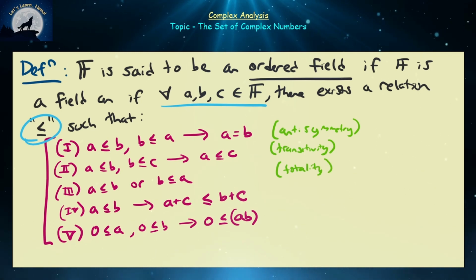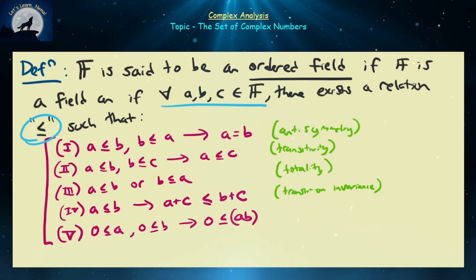You may also see people sometimes write this as a is less than b, b is less than a, or a is equal to b, but we're looking at the relation less than or equal to, so we only have 2 cases to consider. And then we have if a is less than or equal to b, then a plus c will be less than or equal to b plus c. Some people will call this the translation invariance property of the relation.